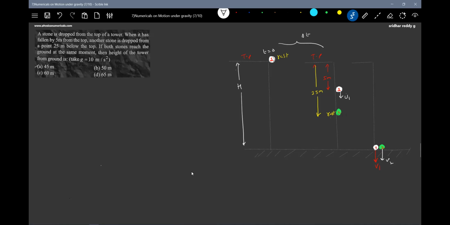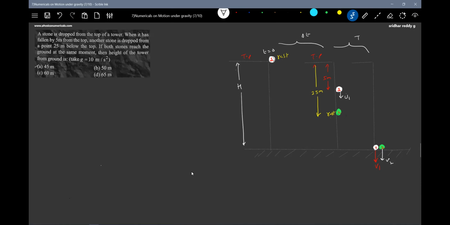This delta T, I'll ask it. That capital H has to be determined. So how much height will the second stone descend? H minus 25, and it will take some time.